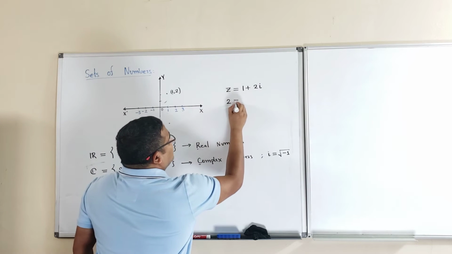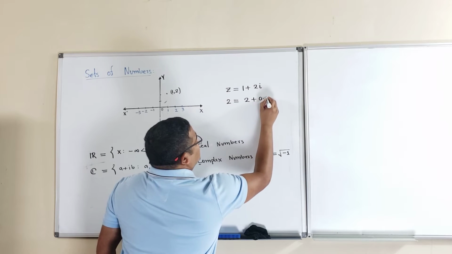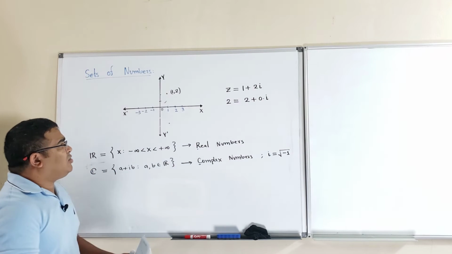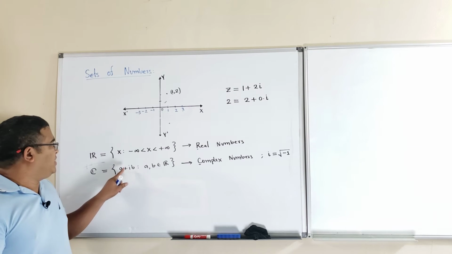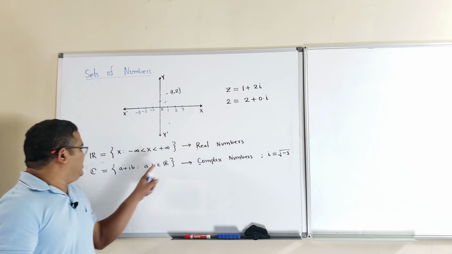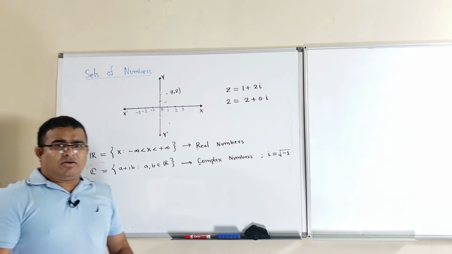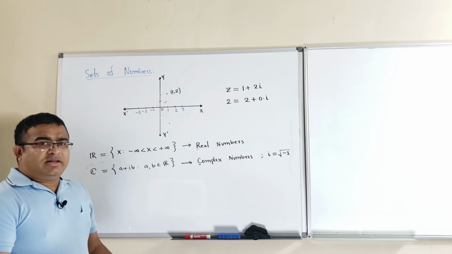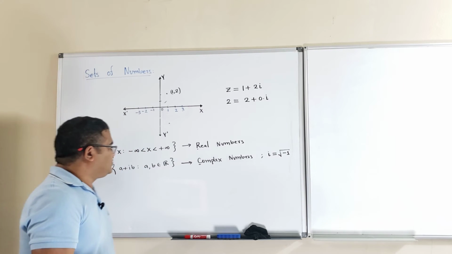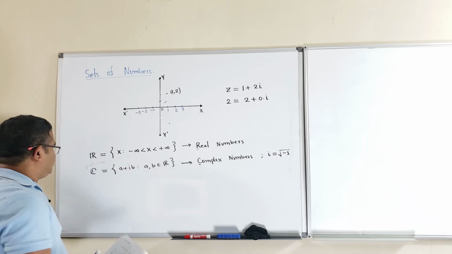Now, you can write 2 as 2 plus 0 times i. So now it is in the form A plus iB, where A is 2 and B is 0. So, every real number is also a complex number, but the converse is not true. That means every complex number is not a real number.